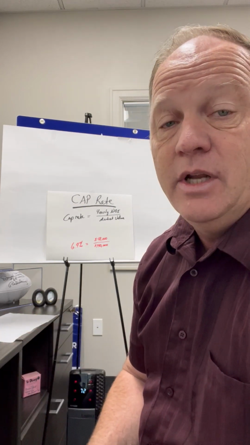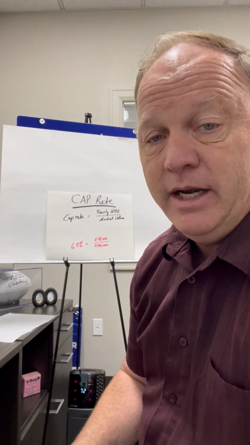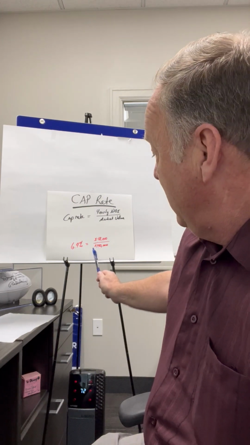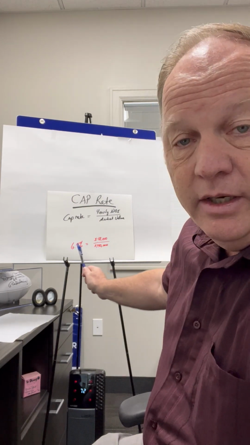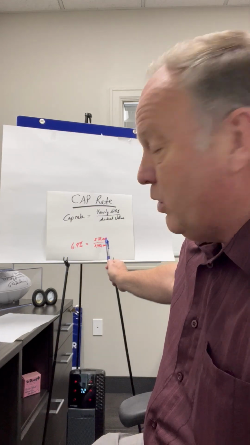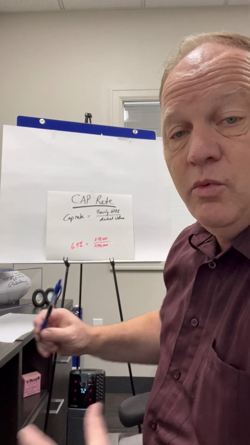Again, it's not the only thing to look at, but it gives you a quick snapshot of an investment property. And then you can do the vice versa mathematically. You could say, okay, we've got $750,000, and I want a cap rate of 6.4% as a minimum. So what should my net operating income be? We can do back and forth.